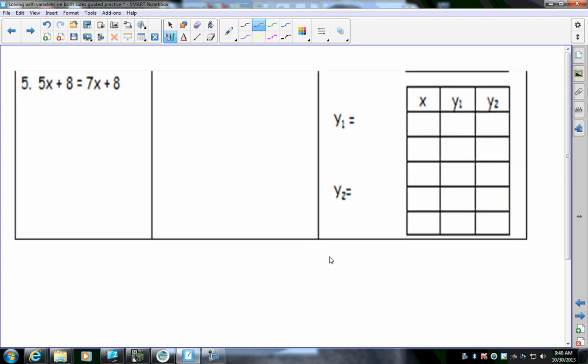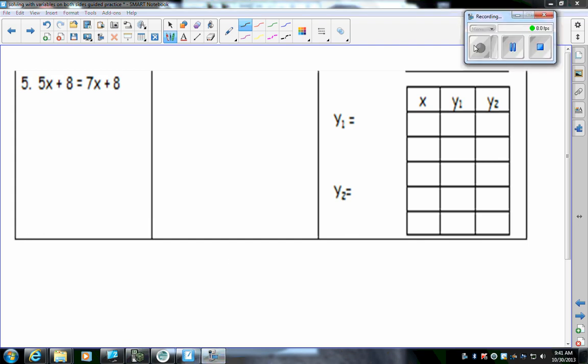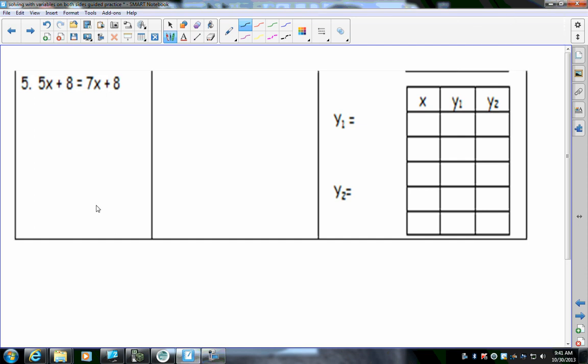Number 5. Take a minute and draw that, and do this one. So on number 5, I have my equal to line. I have 5x. So I'm drawing 5 of my x's.